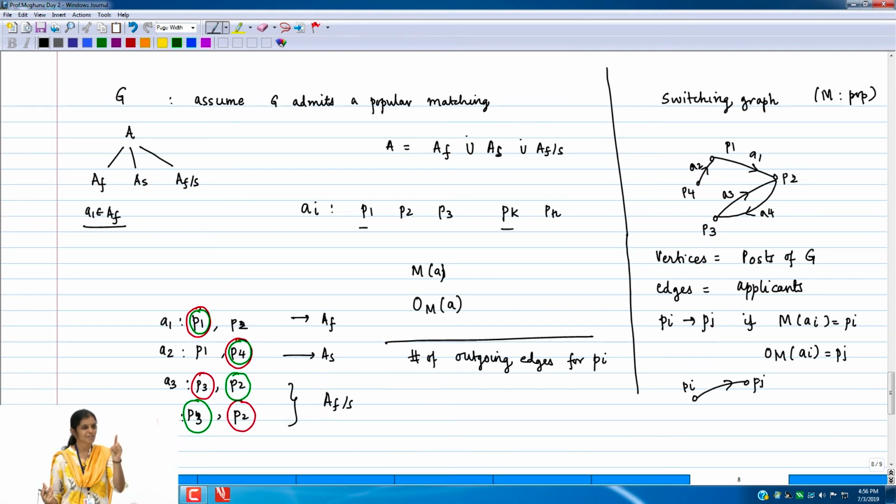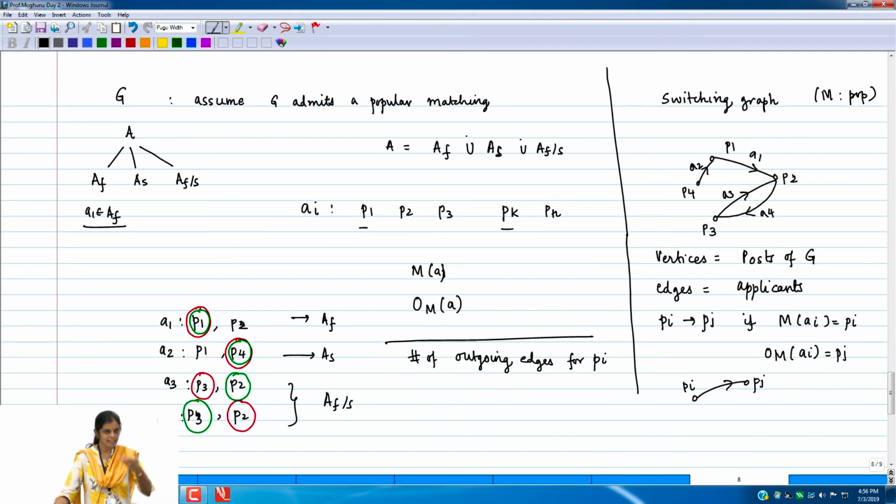But now what you are thinking about is how many incoming edges does it have? A vertex has as many incoming edges as the number of applicants who treat that post as OM with respect to the current matching. It doesn't have to be a first post because we don't know.